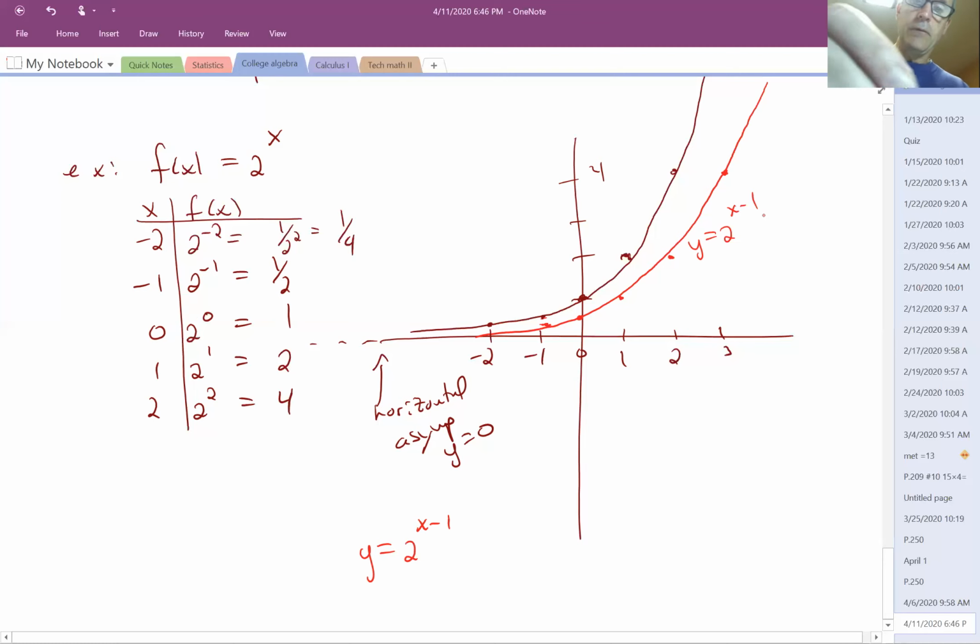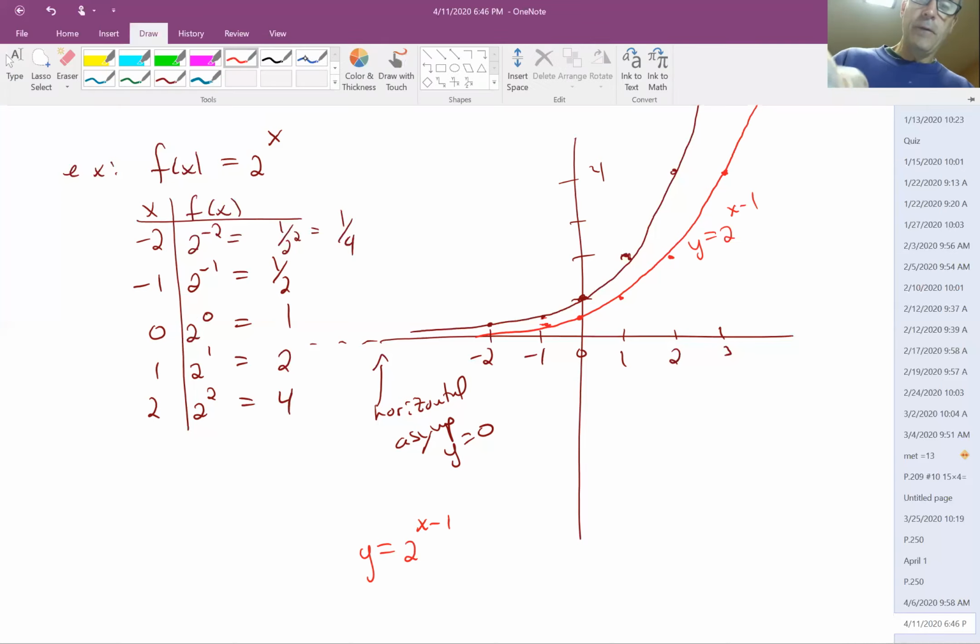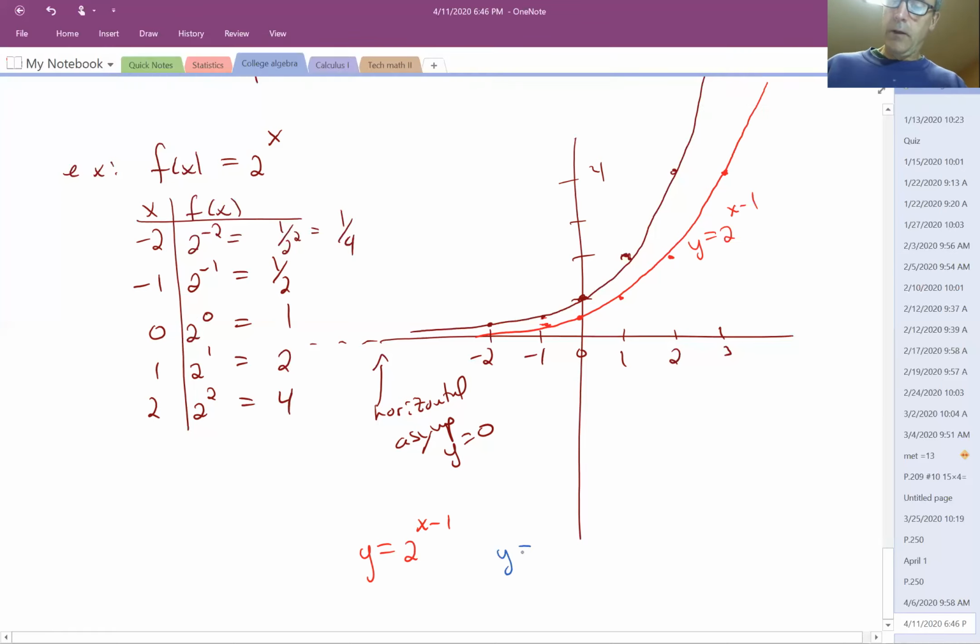Okay, what about the graph of y equals 2 to the x minus 3 on the outside? That's down 3. So down 3. Boom. The asymptote goes down 3.